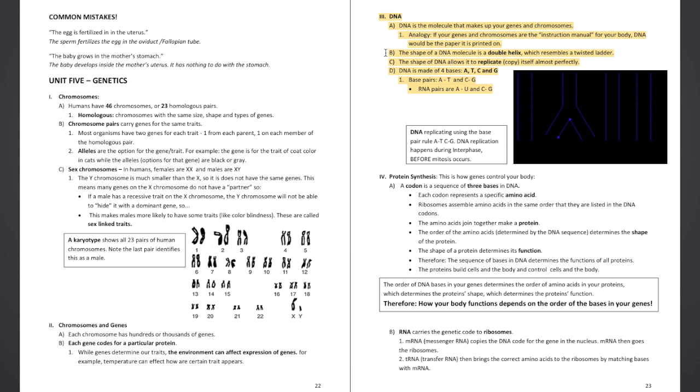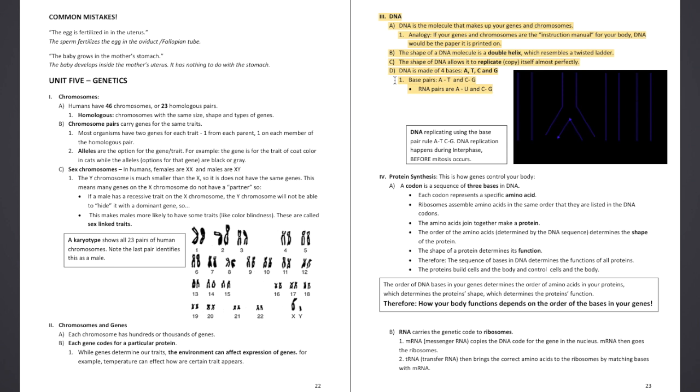B. The shape of the DNA molecule is a double helix, which resembles a twisted ladder. C. The shape of DNA allows it to replicate, copy itself almost perfectly. D. DNA is made of 4 bases, A, T, C, and G. 1.